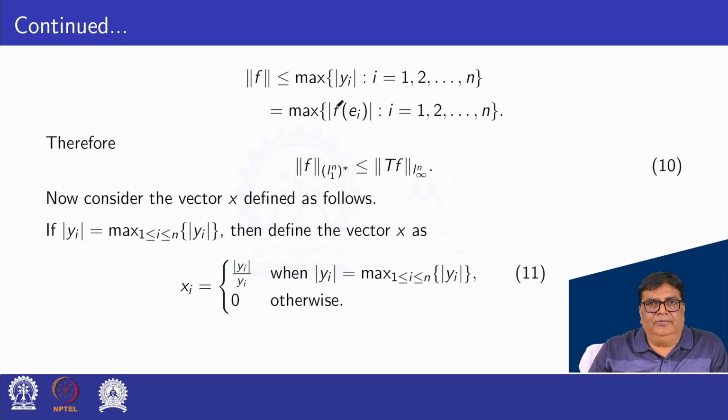So max of mod f of ei, that is norm of Tf under the L infinity n norm. Therefore, norm f in L1n star less or equal to norm Tf in L infinity n.